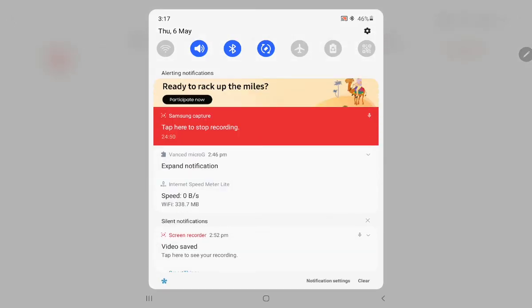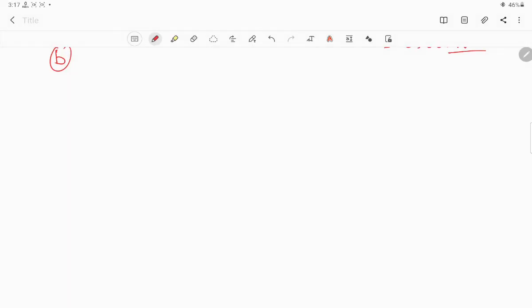Now see the B part of the question. That is given here: 2345 into (-3) plus 2345 into (-97).